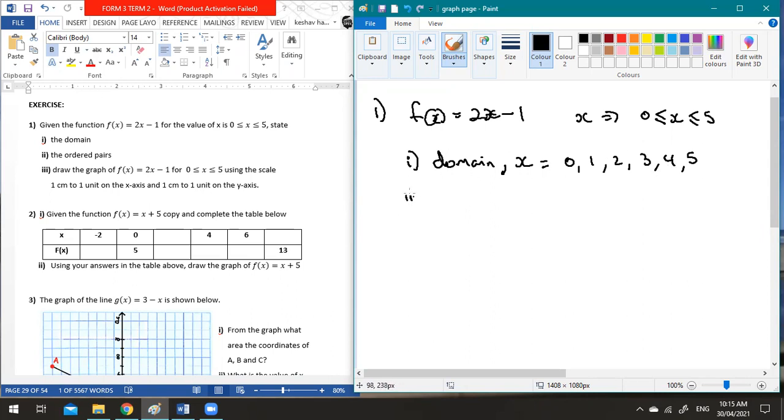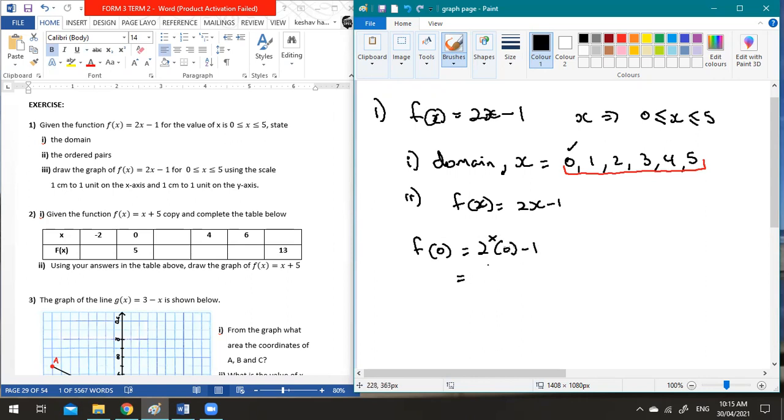The ordered pairs now, you have to use the function, right, and you're substituting each one of these terms into the function. So the first value is 0, so you put 0 in here. So whenever you see x, you put 0, so 2 by 0 minus 1.